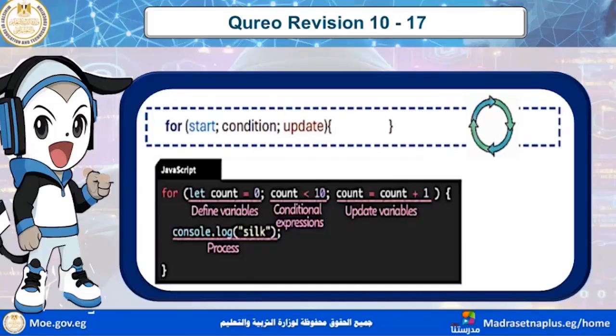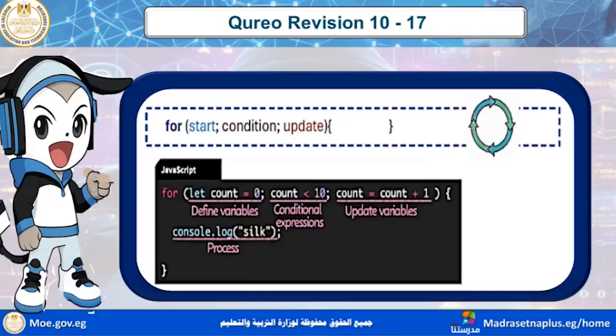And here, if you remember, we use the for statement. For a for statement, a condition should be met to count the number of times we repeat the code between the curly brackets. Let's see the example here.